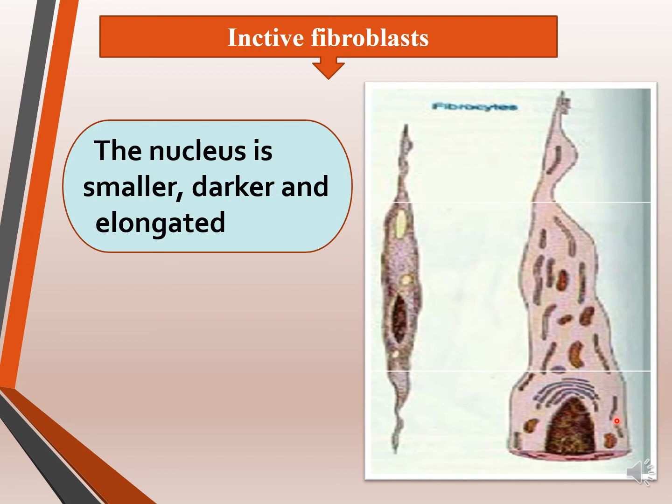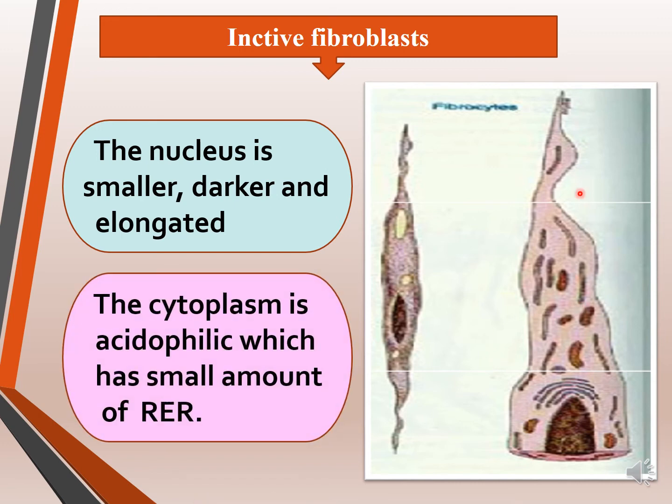The nucleus is smaller, darker and more elongated, because this cell is not active in protein synthesis. The cytoplasm is acidophilic, with a small amount of rough endoplasmic reticulum.